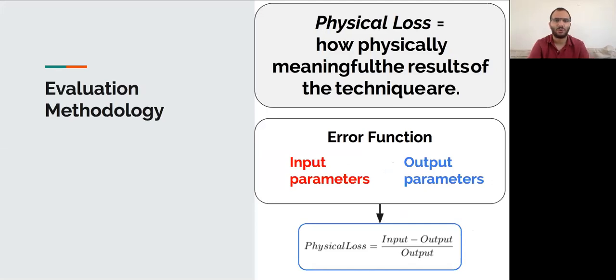It is actually a quality of loss function that tells us how close the parameters of the output image are to the input parameters. In our work, the physical loss is the relative error marked in blue. We know that the most significant parameters are the Atwood number and the time.